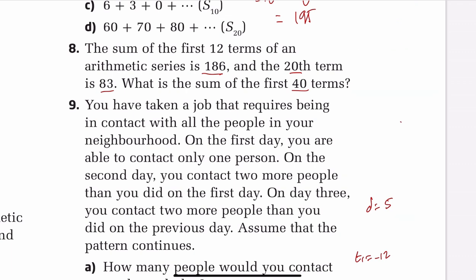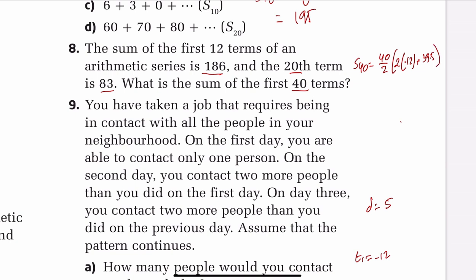I can substitute them to find my S40. So my S40 is equal to n, which is 40, divided by 2 times 2 times T1, which is minus 12, plus n minus 1, which is 39, times 5, which is my d.